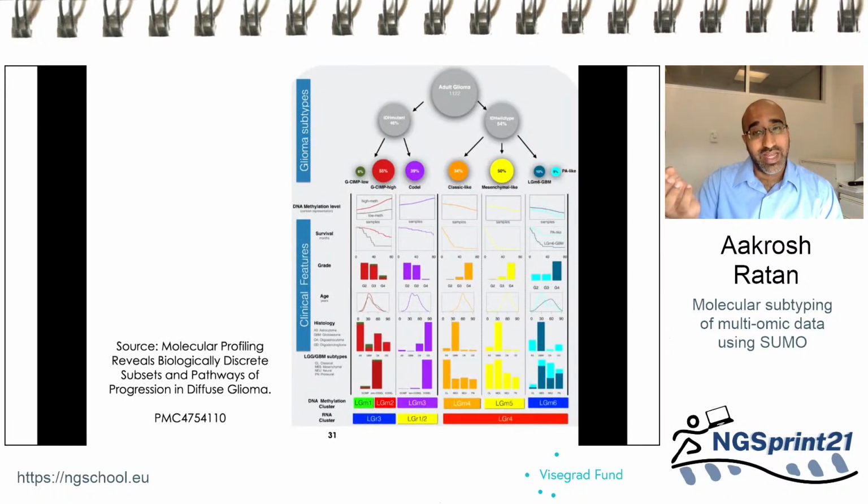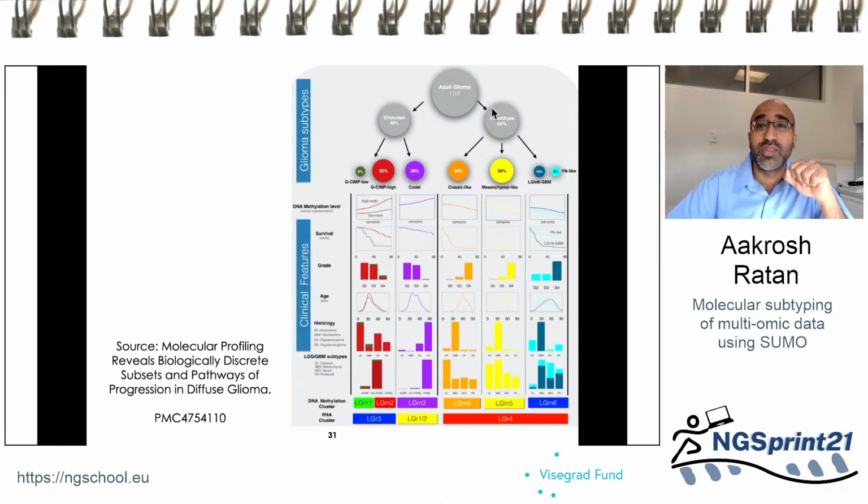The biggest molecular analysis that has been done for lower grade gliomas so far is a study in 2016, which looked at more than 1,000 patients, all grades 1 to 4. What they did was integrate gene expression and methylation. They identified IDH mutations to be, again, the driver of the disease.